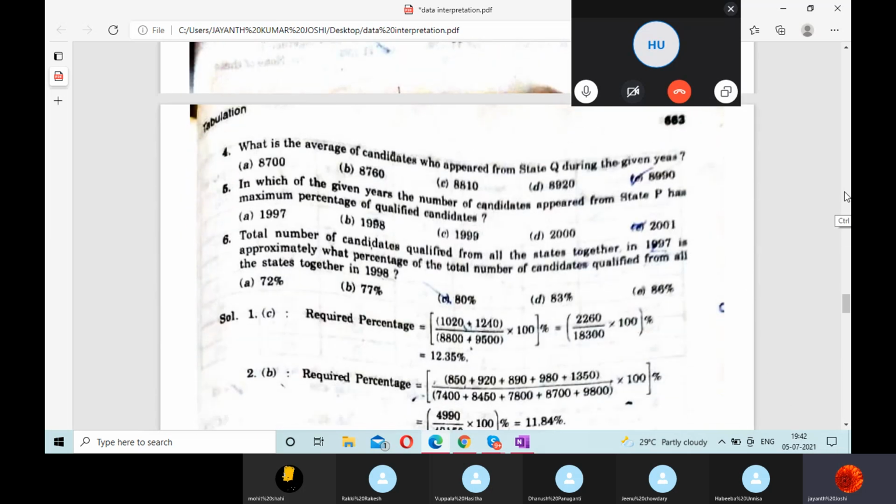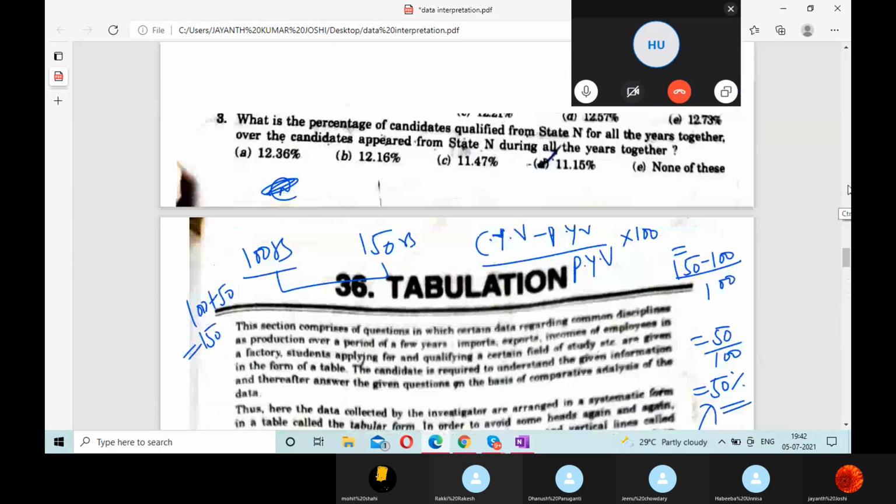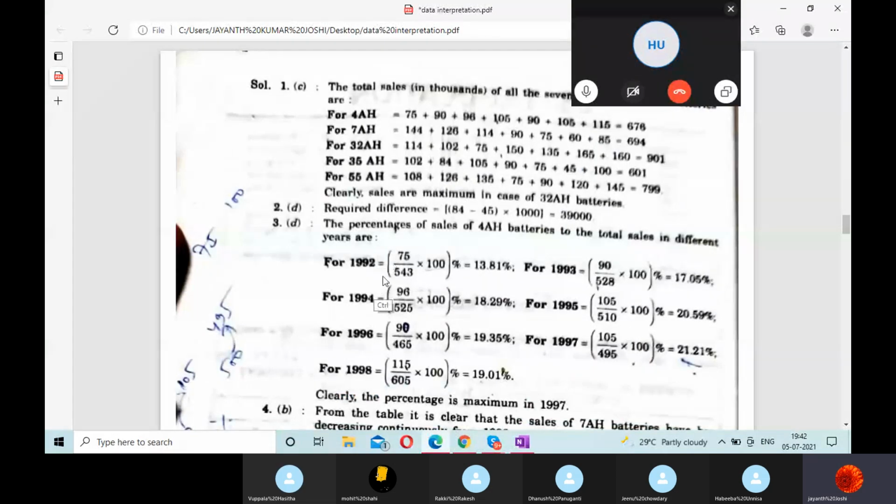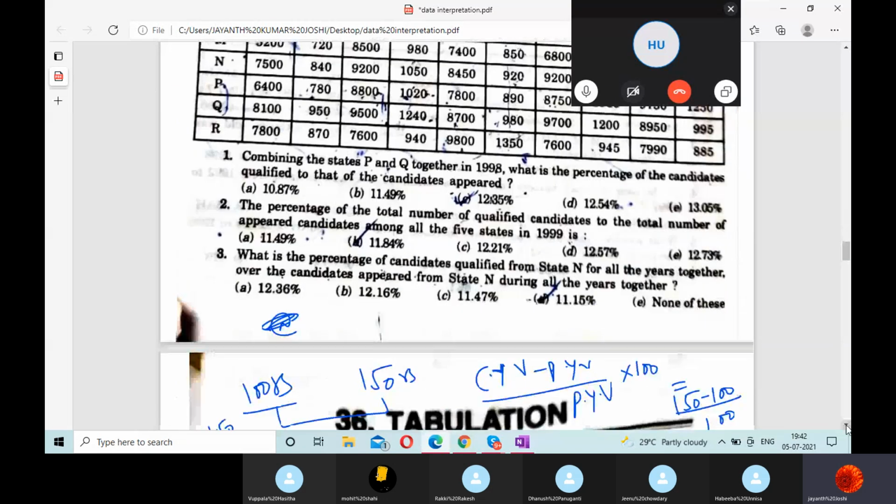So what were the 94 figures? Let's see. Here you can see 92 sales were 75.